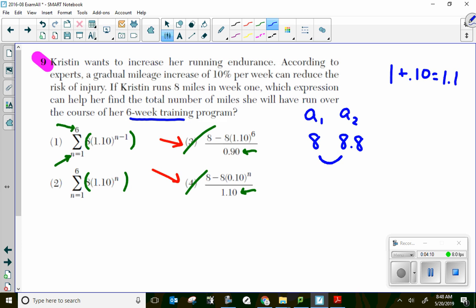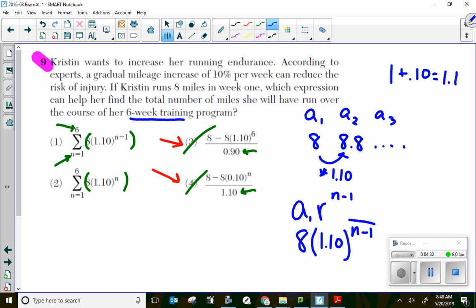So if I multiply 8 times 1.1, 1.10 if you will, and so forth. A geometric series says I take my first term, multiply it times my rate, and raise that to the n minus 1. So I have 8 times 1.10 to the n minus 1. This is the sequence that I have to add up from week starting at 1 to when week hits 6.